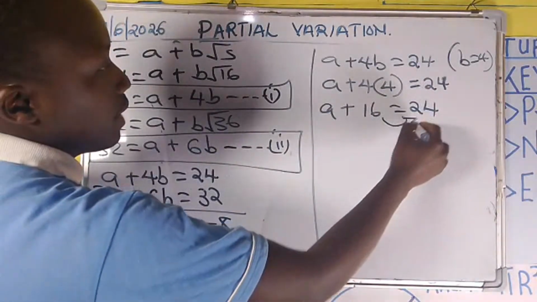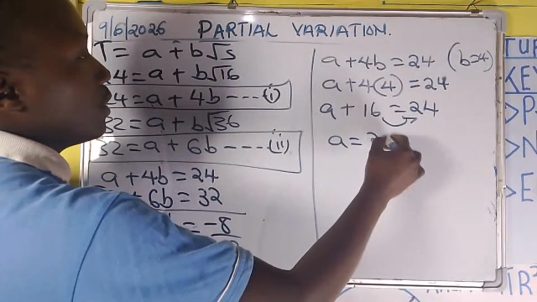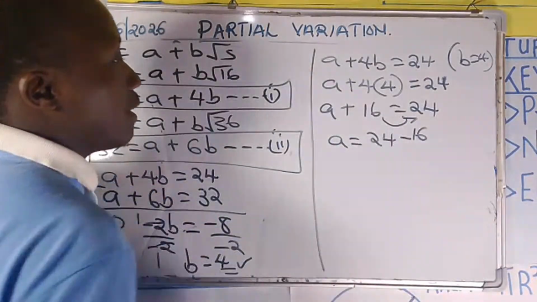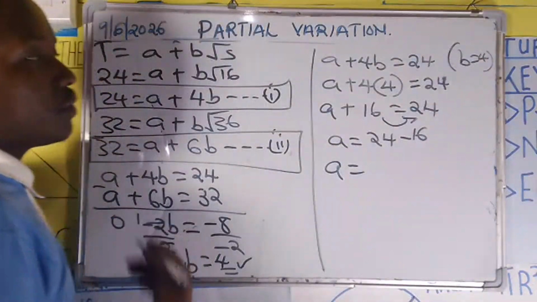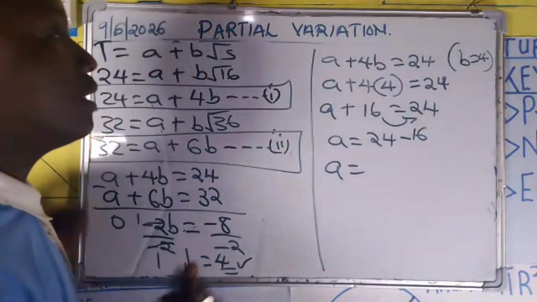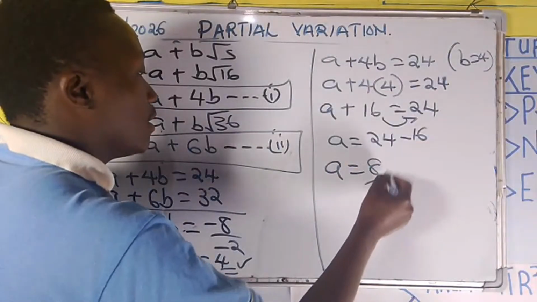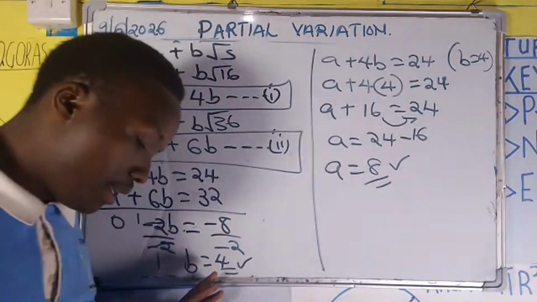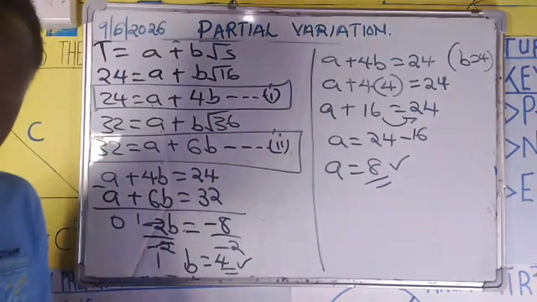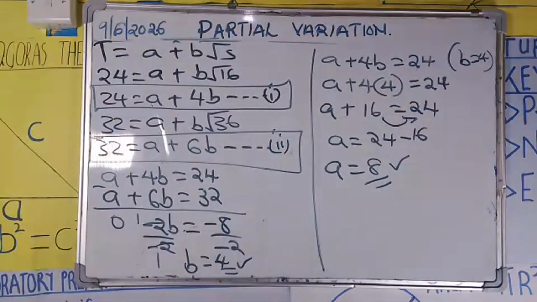When we take this to the other side, A is equal to 24 minus 16, which is 8. So our value of A is 8, and our value of B is 4. Generally, that is how we respond.